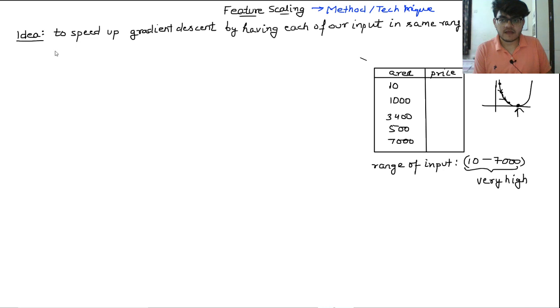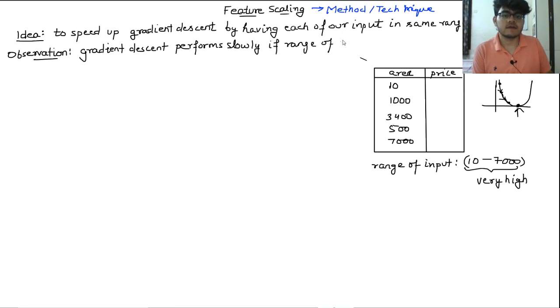It is observed that the gradient descent algorithm performs slowly if the range of the inputs is high.